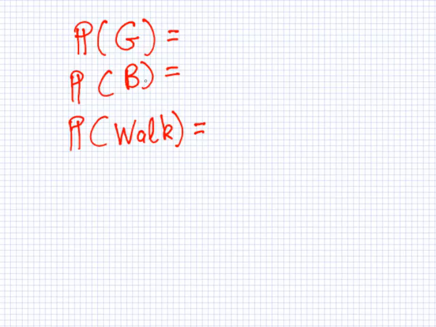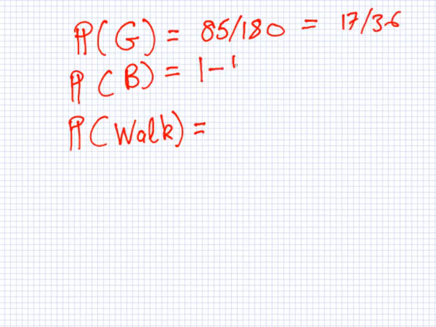Okay. How many girls in total? 85. And how many students in total? 180. So what's this? 17 over 36. Well, this should be 1 minus 17 over 36 because, as you know from Pokemon, you are either a boy or you're a girl.